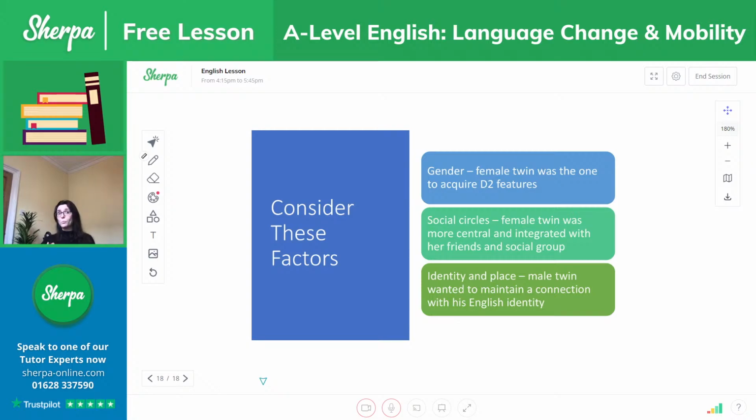If you have the type of accent that he did, just a Southern English accent, that's what a lot of international people, especially in North America, just think of as the British accent, which is silly, but that's how it is. So by maintaining his Southern English accent, that was a way of maintaining that link with his English identity, with England, with where he's from.